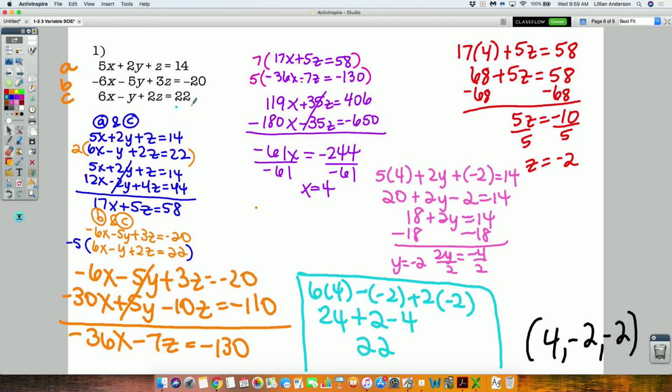Isn't that what it equals? So good job. 4, negative 2, negative 2 is our solution. Questions? That's what I'm saying. Double check. Go check your negatives, your minuses, everything before you move on to the next step.